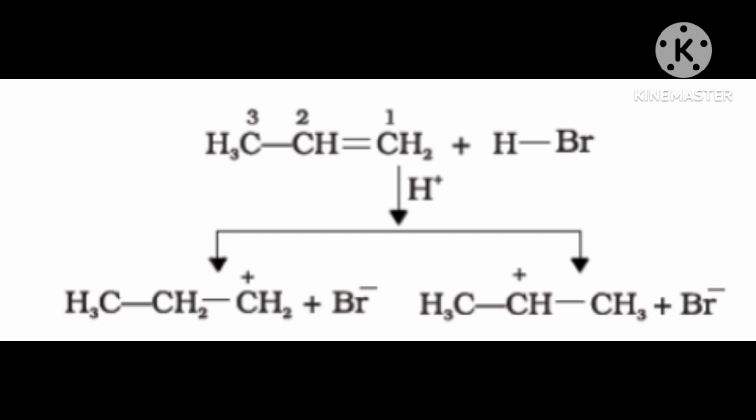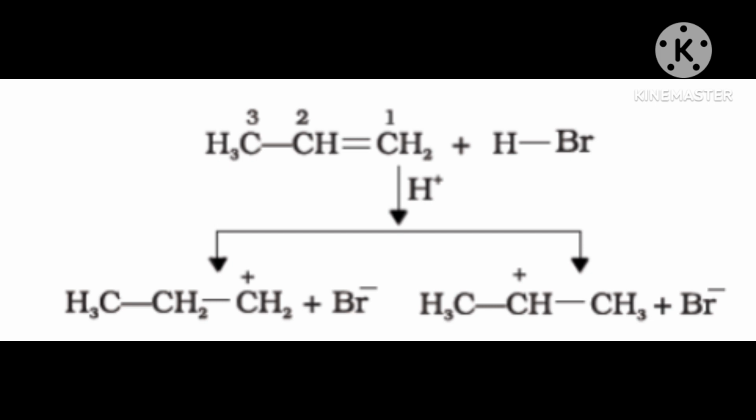In the Markovnikov rule the secondary was stable; now here primary is the difference. That's why it is called the anti-Markovnikov rule. That name is a little difficult.